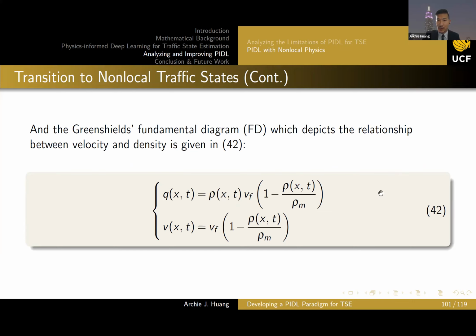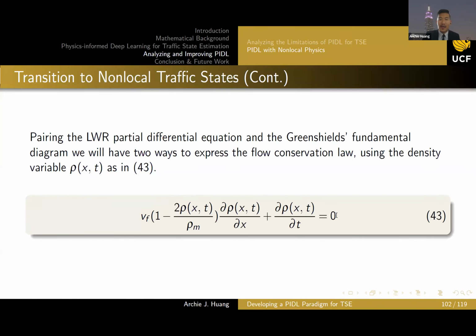In the second row of equation 42, we see the velocity is related to the local density, so V(x,t) is related to rho(x,t). And pairing this LWR PDE with the Green-Shields fundamental diagram, we land on equation 43.